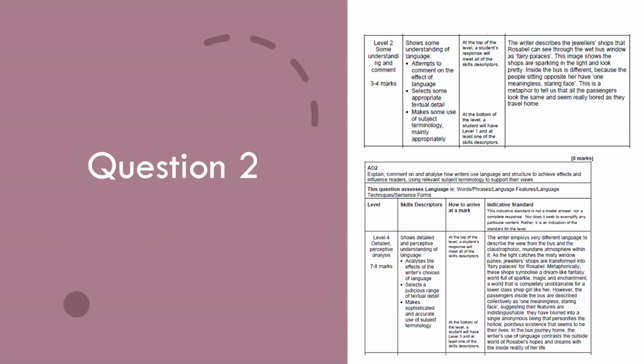So what you should do is pause the video now, read through those examples on the right hand side and compare them to your own work and try and work out where you would fit on the mark scheme. Are you going to be around about level 2 or maybe creeping into level 3 if it's a little bit better but not quite level 4? Or are you heading in the level 4 area? Does your response sound like the one used in the level 4 exemplar? And you may even find that actually a lot of the ideas cross over with the ones you've used.